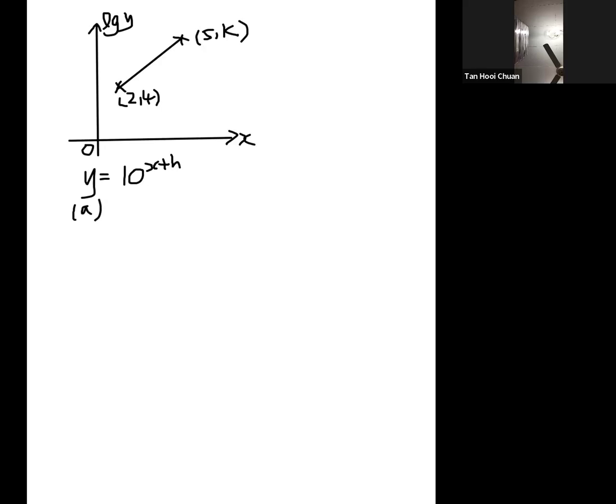Convert the equation into a linear form. You want to convert it into linear form? Of course, you can only put the lg for both sides. I'll show it to you. I put lg.